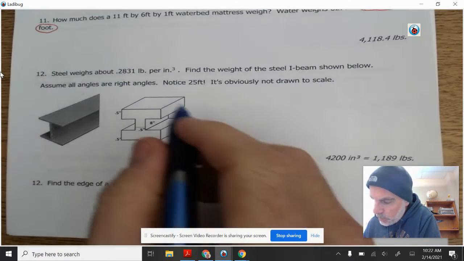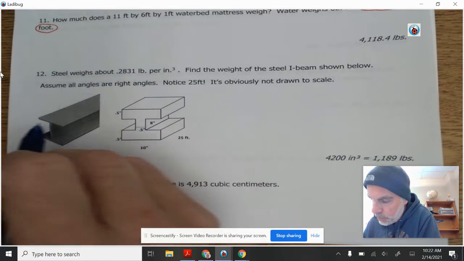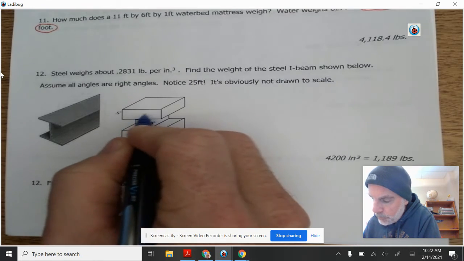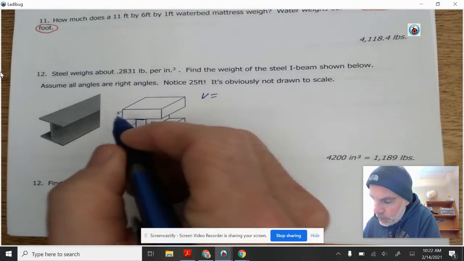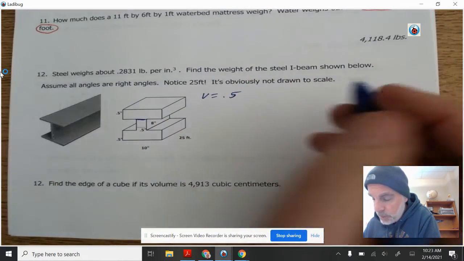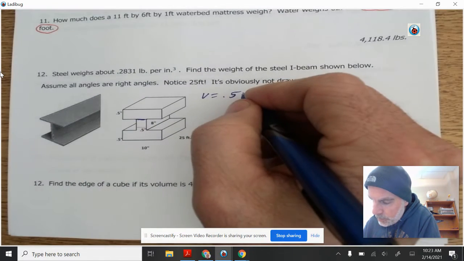All right. So I need to find out how much steel is in this thing. I know this isn't a perfect cross section drawing of this, but it's kind of blown up a little. So I'm going to do a rectangular prism on this top one. I'm going to do 0.5. So I'm thinking length times width times height, because I can do that on a rectangular prism. This right here is 10 inches.